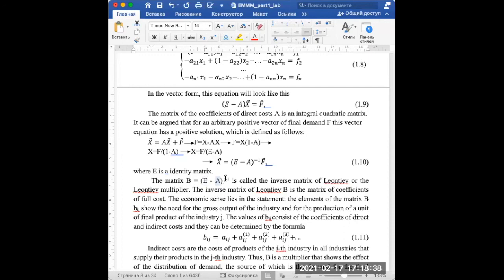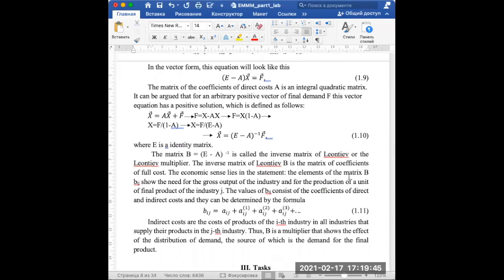So this is the inverse matrix. It is a matrix of coefficients of full costs, or full cost coefficients, in short. So our matrix B we can call the inverse matrix of Leontief, the Leontief multiplier, or the matrix of full cost coefficients.